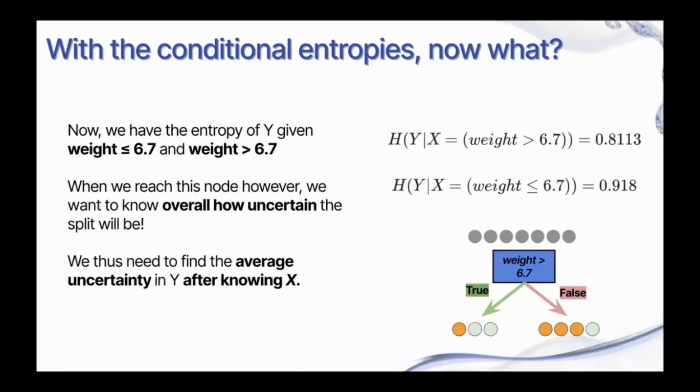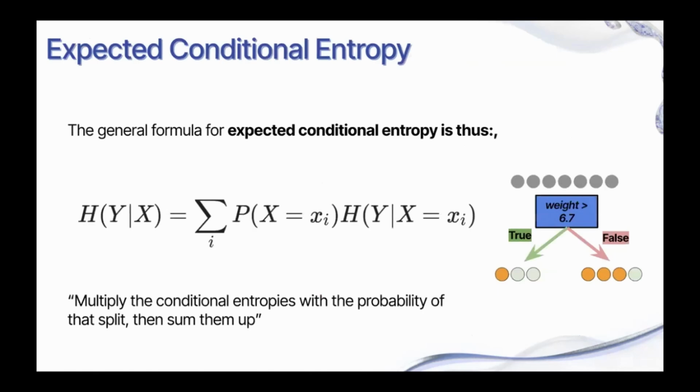To find the average, this formula is scary, but don't worry. I'll explain it. What you need to find now is something called the expected conditional entropy. All this is saying is, let's say you have some entropy value down here. You will multiply that number by the proportion of the split.